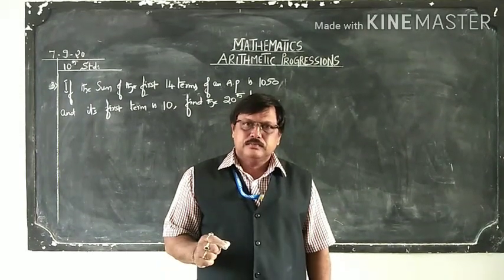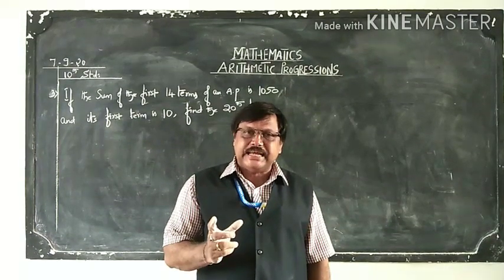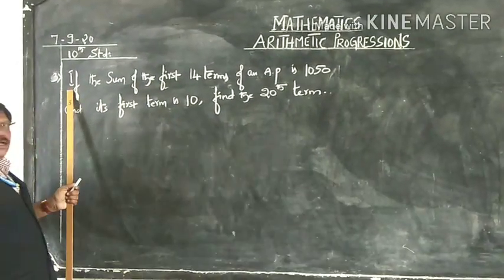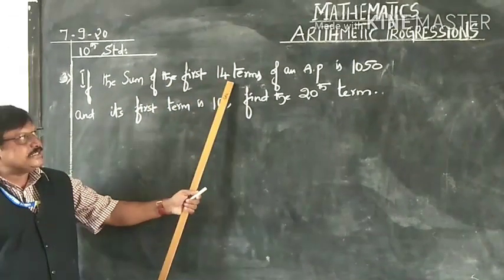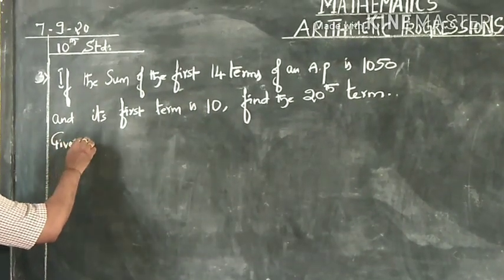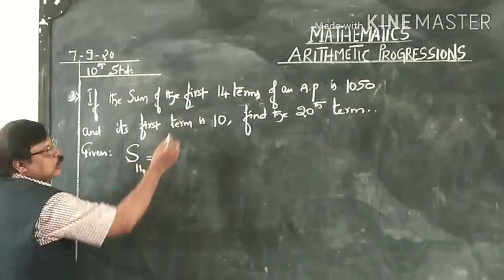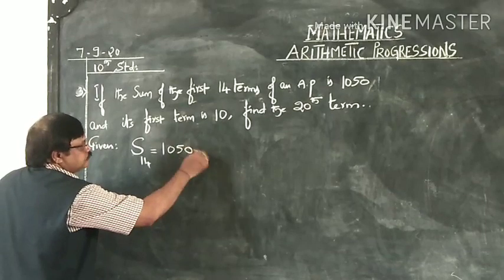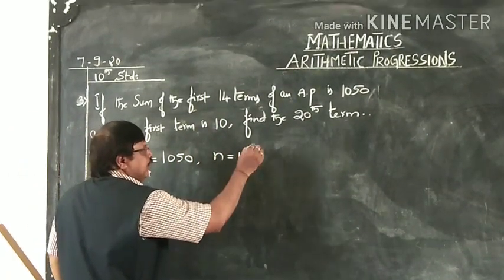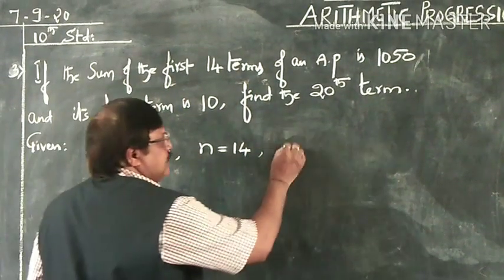Students, now I will change the values in the data. You see this problem. If the sum of the first 14 terms is equal to 1050, so for 14 terms, you know that n is equal to 14, and its first term is a, which is 10.